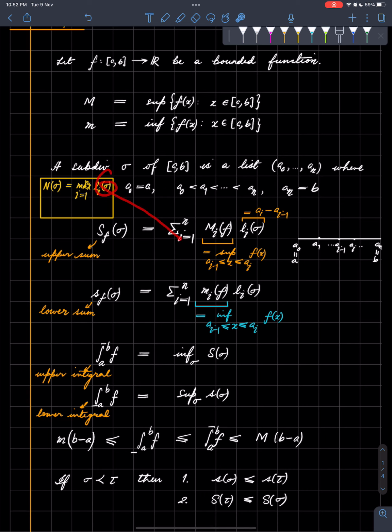So Li sigma is here, or rather I have defined it here, and the maximum of the length of all the parts is the norm of sigma. We defined this the last time, but I forgot to recall it in the beginning, so that's what I'm doing.